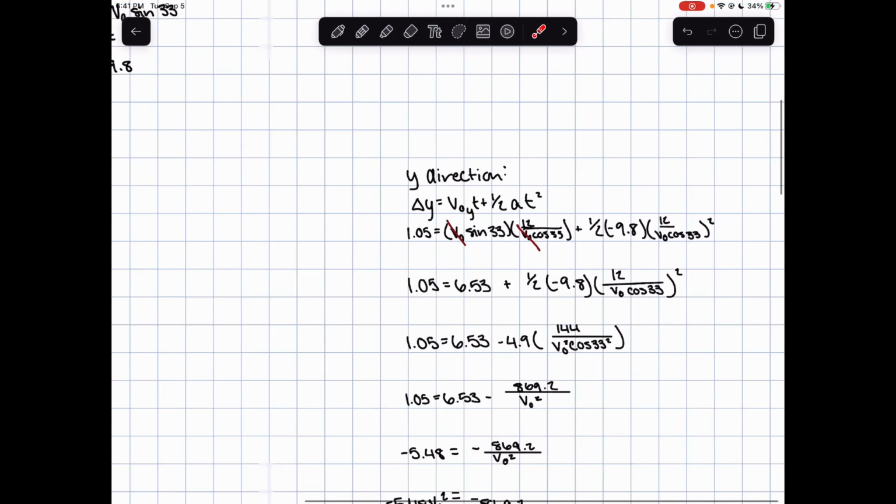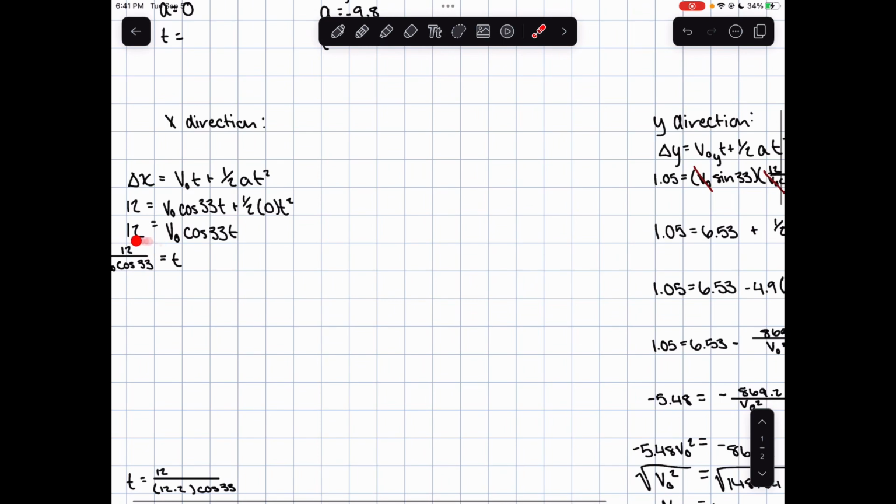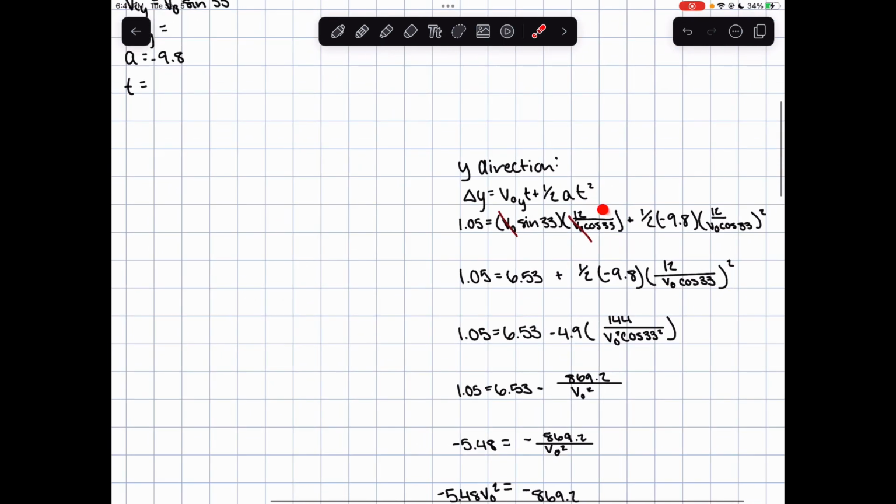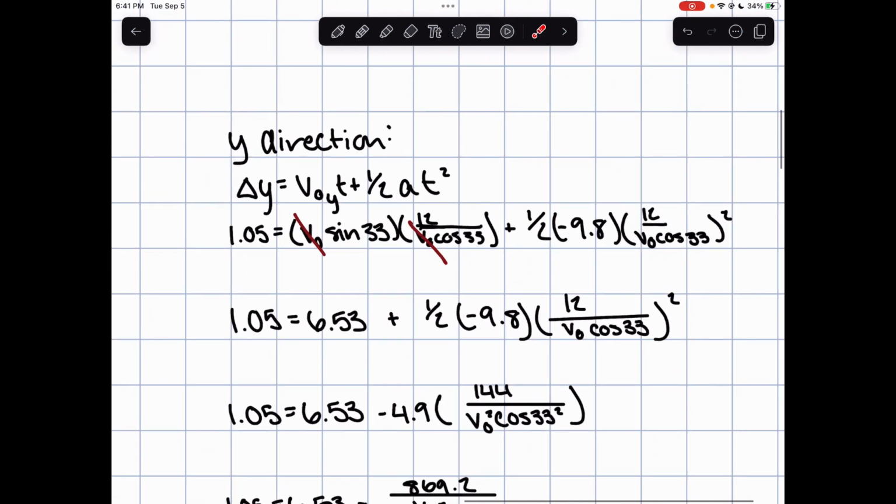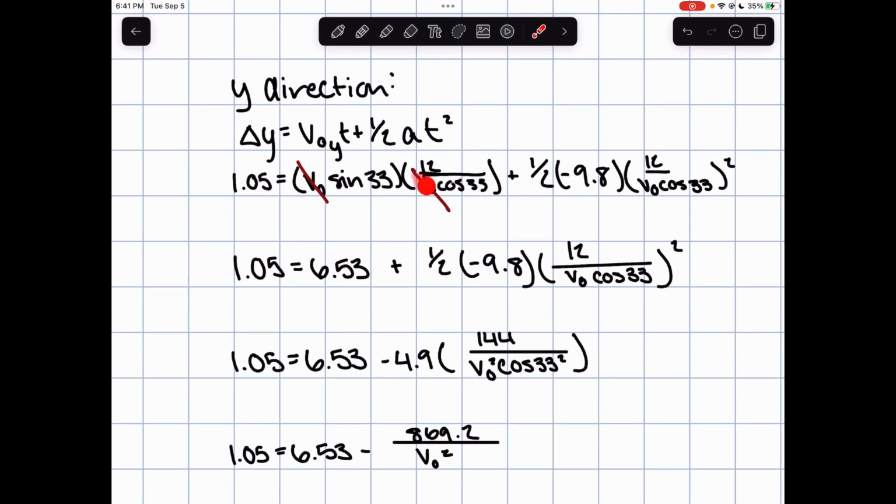We can plug in the expression that we found for time, plus 1/2 the acceleration of negative 9.8 because it's falling downwards and it's in free fall, times, once again, our substituted time, 12 over V naught cosine 33. From there, we can cross out V naught from this, because they will be divided out.